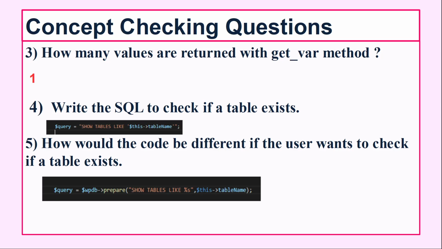Number 4, write the SQL to check if a table exists. Now, if we knew exactly the information, so if we're hard coding it so it does not change, the user has no input, we can do it like that. Do remember, importantly, you see that the variable has to be in quotation marks.